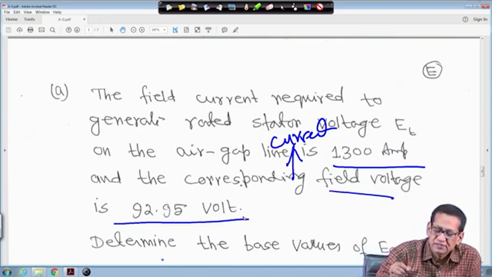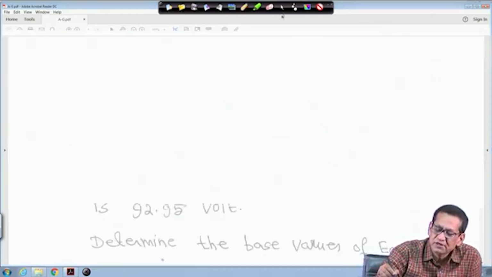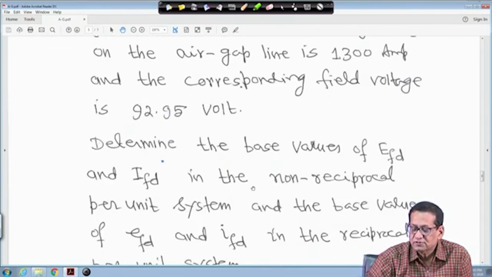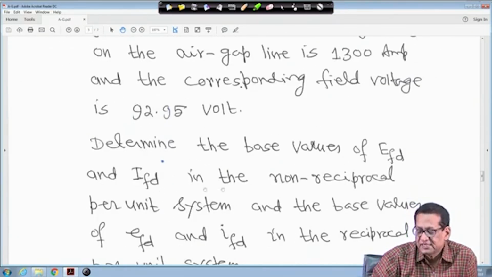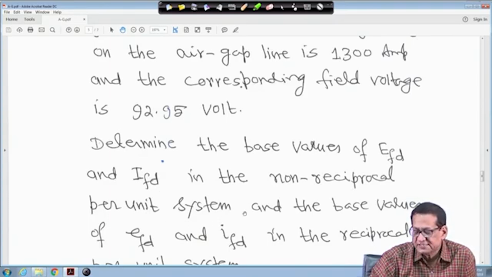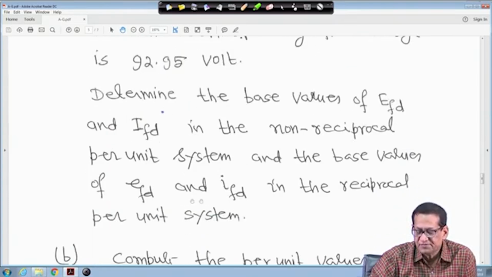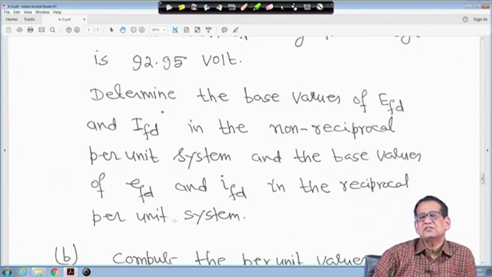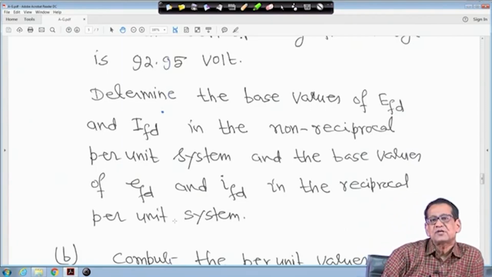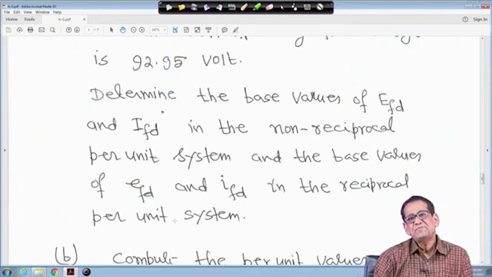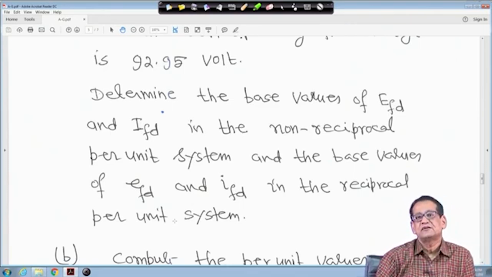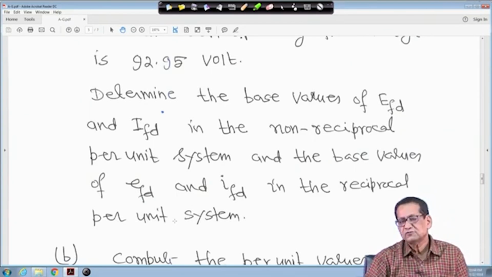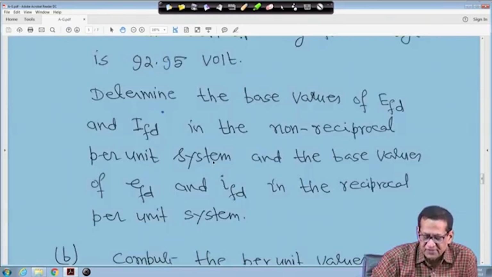What you have to determine is the base value of EFD and IFD in the non-reciprocal per unit system and the base value of EFD and IFD in the reciprocal per unit system. The reciprocal and non-reciprocal per unit systems were derived in detail in the beginning of the course. I got this example and thought we should try to solve it here, a very simple one.